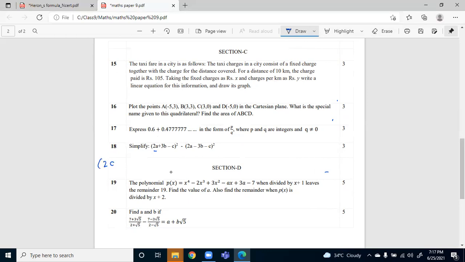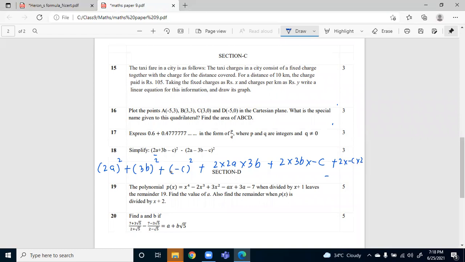So (2a) square plus (3b) square plus (minus c) square plus 2 into 2a into 3b plus 2 into 3b into minus c plus 2 into minus c into 2a. Okay, so I need to solve it further.